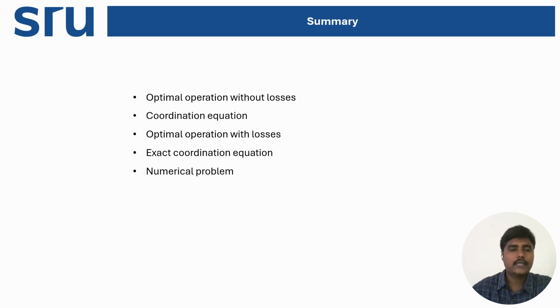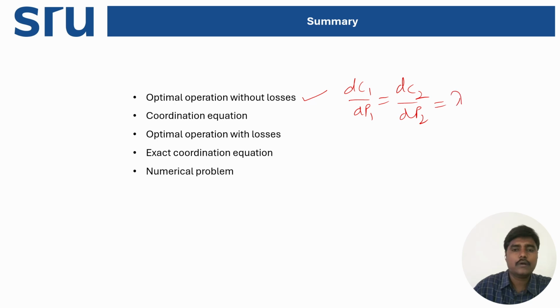So in today's lecture, we have seen the conditions for optimum operation or optimum economic load dispatch without losses. That is nothing but dC1 by dP1 is equal to dC2 by dP2, that is equal to lambda, where this particular equation is called the coordination equation. We have seen this case 1.